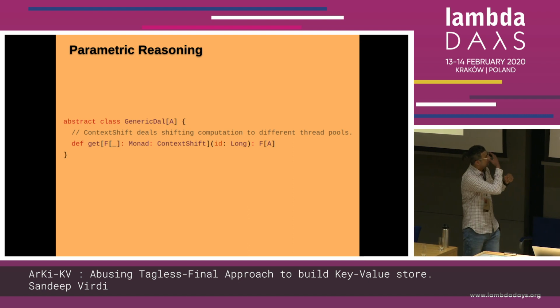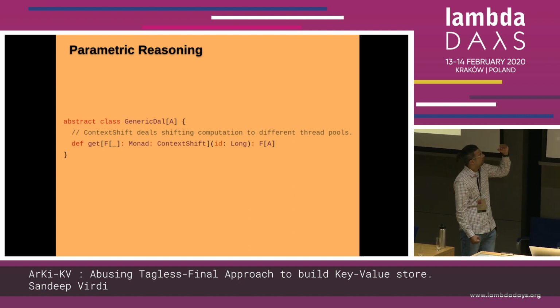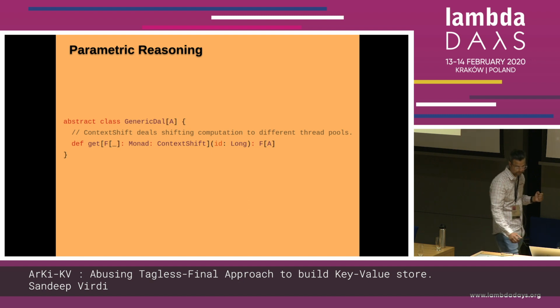Now we have further constrained our F type constructor with context shift. By the way, for those who are not aware, context shift deals with moving computations back and forth between thread pools. You could do a little bit more than that, but by adding the context shift effect type here, it gives it the capabilities of thread pool management.